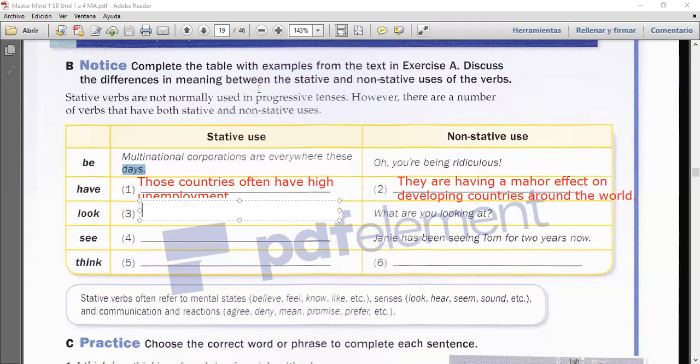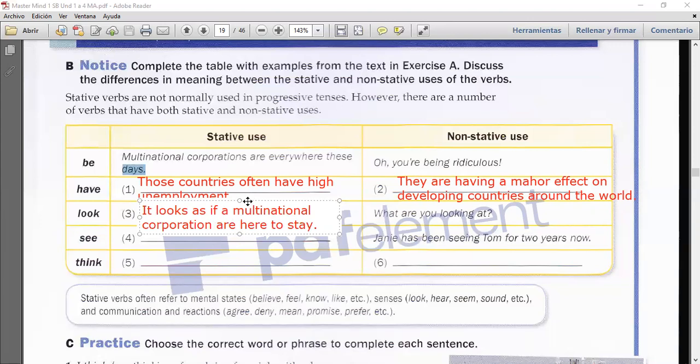Teacher, it looks as if multinational corporations are here to stay. Okay. Thanks, teacher. 4.